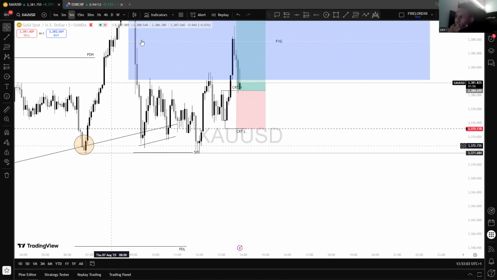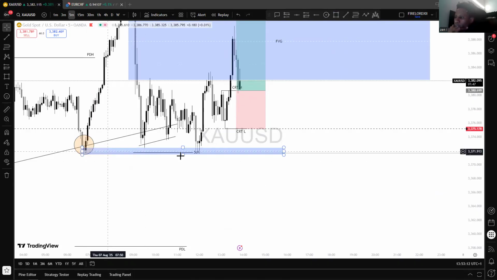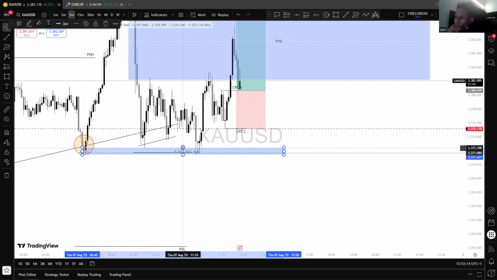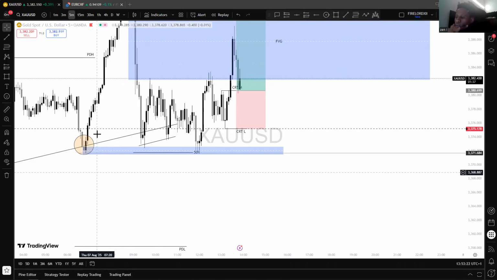Price was still actively respecting this OB. It respected the OB. There's a tiny OB, and I'm not even seeing a fair value gap between the first and third candle. But still, it's still something.